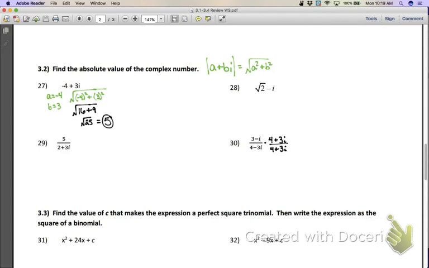Okay, so on the top side, I'm going to have 12 plus 9i minus 4i and then minus 3i squared. On the bottom side, I'm going to end up with 16 minus 9i squared.